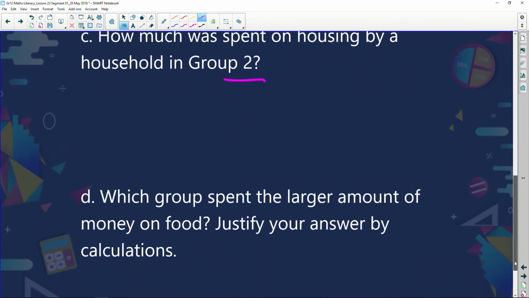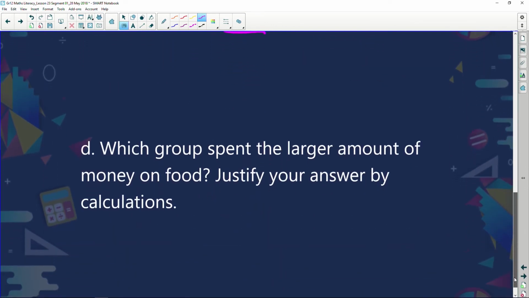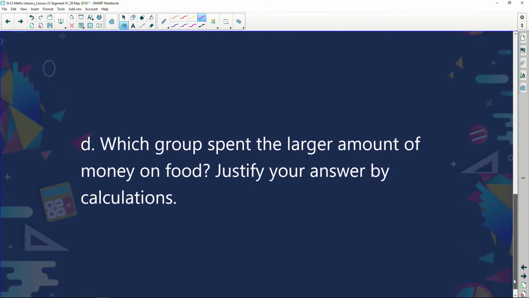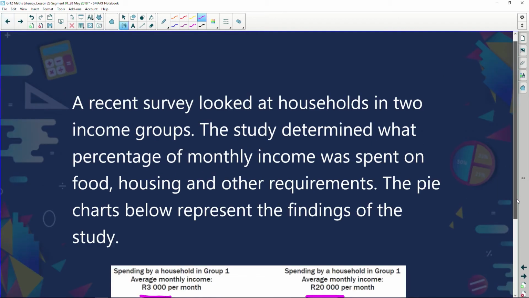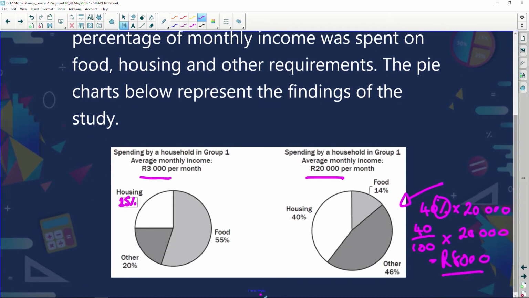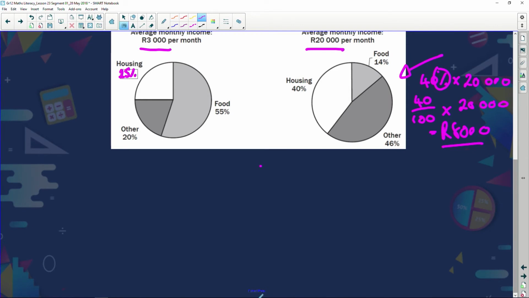Okay. Which group spent the larger amount of money on food? Justify your answer by calculations. Okay, so let's have a look at the food. We're going to look at this group. This group, they spend 55% on food. And 55% of what? 55% of their salary of 3,000 Rand.